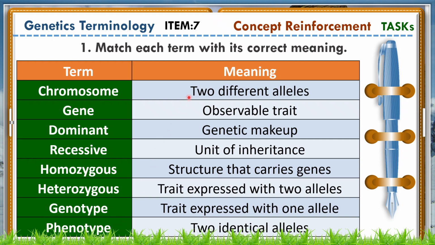And the meanings: two different alleles, observable trait, genotypic makeup, unit of inheritance, structure that carries genes, trait expressed with two alleles, trait expressed with one allele, two identical alleles.